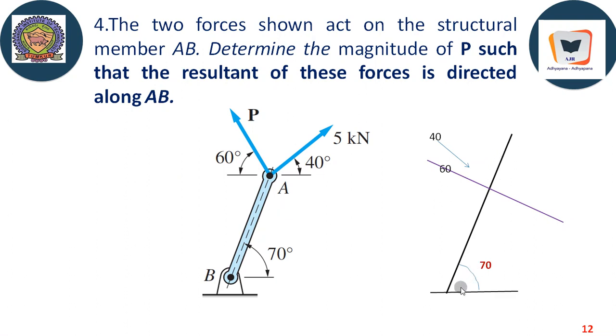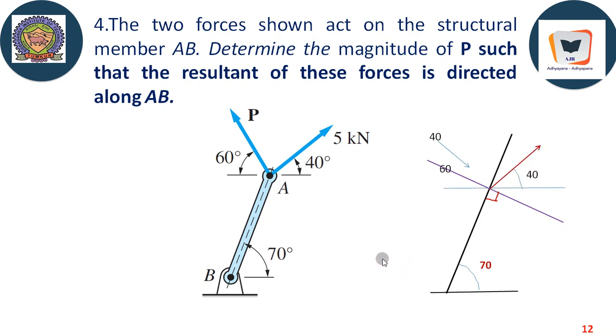This line represents the line along AB, which is inclined at an angle of 70 degree, and this purple line is perpendicular to it, and of course this angle is 90 degree. We drew the system of axes or system of references along which the two forces are to be resolved.